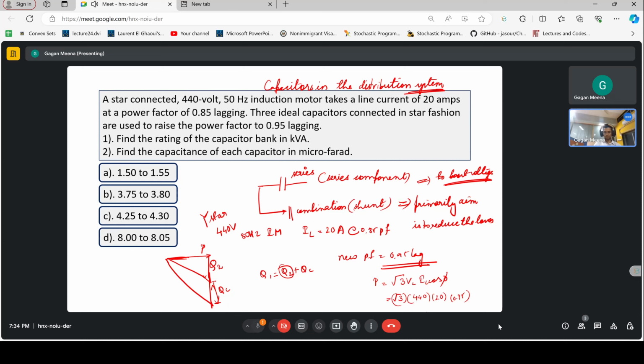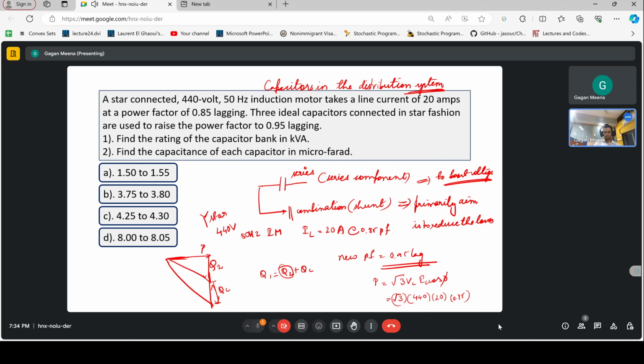So the difference will be provided by the capacitor. Next is the capacitance of each capacitor in microfarad.